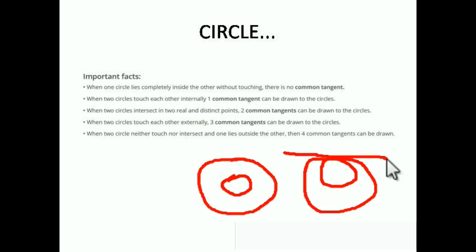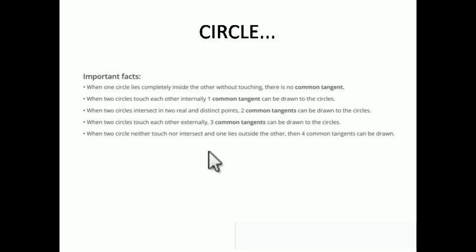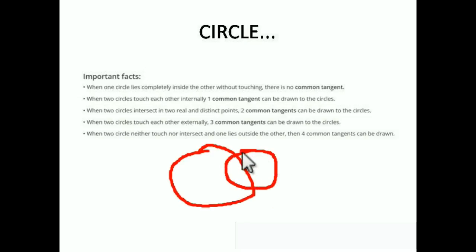Next point: when two circles intersect in two real and distinct points, two common tangents can be drawn. So we have two circles intersecting at two different points, and two common tangents can be drawn, like this one and this one. Next point: when two circles touch each other externally, three common tangents can be drawn.